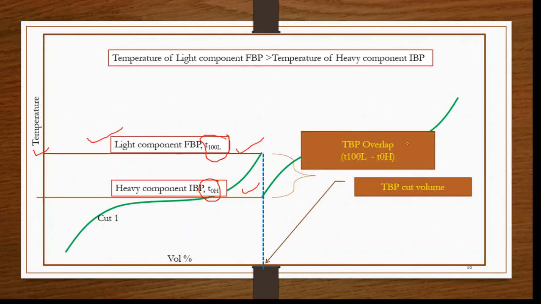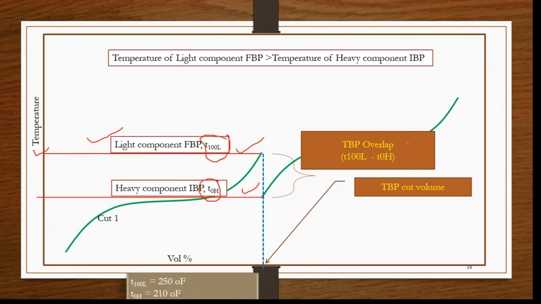So this is the second term that you should know after the TVP cut volume. TVP overlap is nothing but the temperature difference T100L minus T0H, because we are going to use these terms in our calculations.